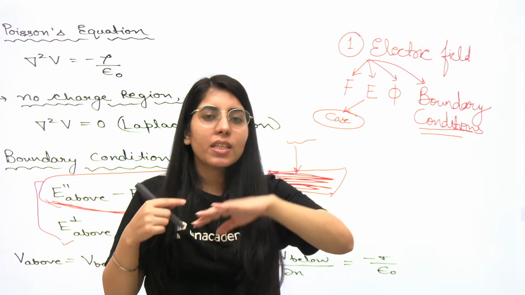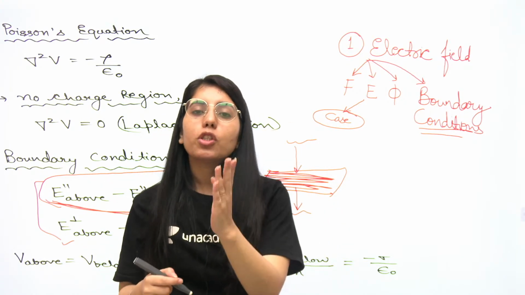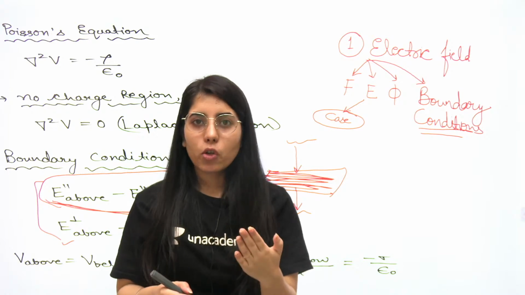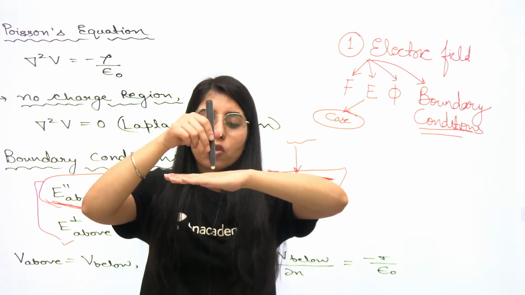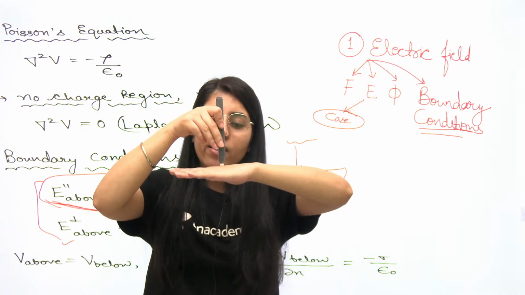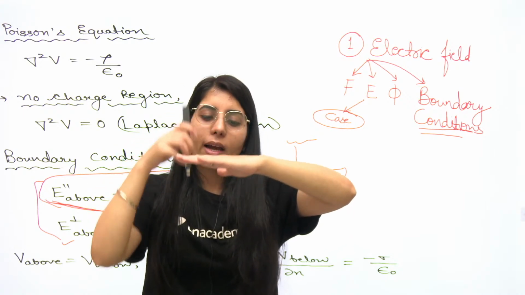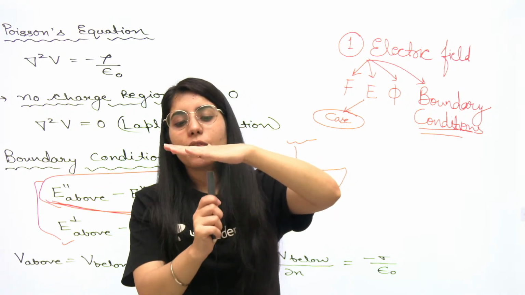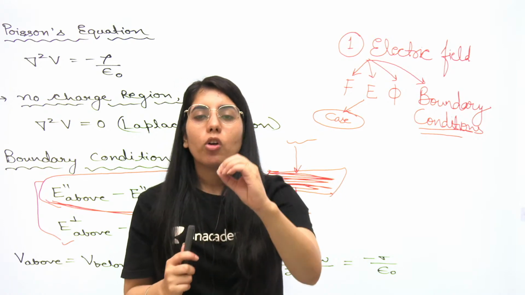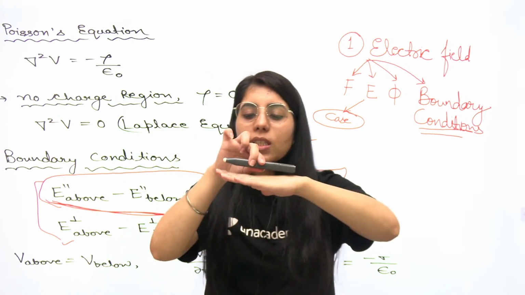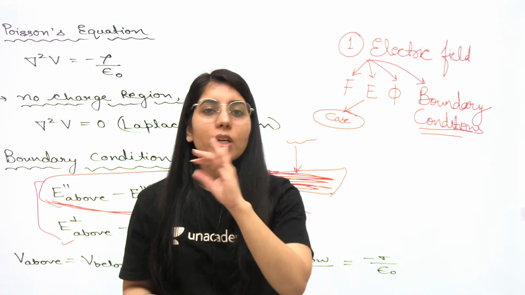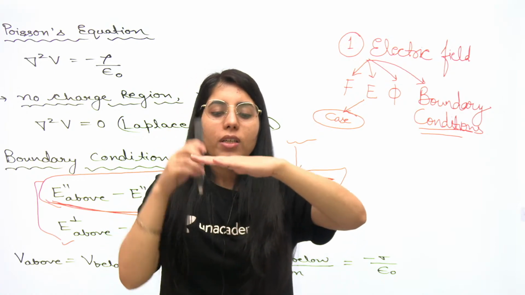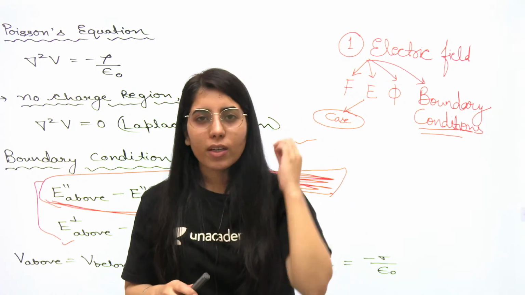This is just to memorize which component is continuous and which is discontinuous. So the normal component of electric field is going to be discontinuous. It can't enter this barrier or boundary, and it can't even enter from here. Clear? Now, we know any one of the components is going to be continuous, so this one is discontinuous, and it is easy for us to memorize.